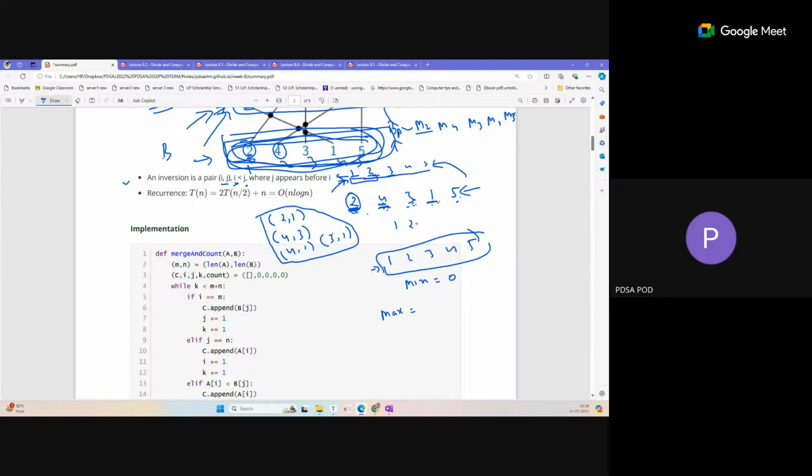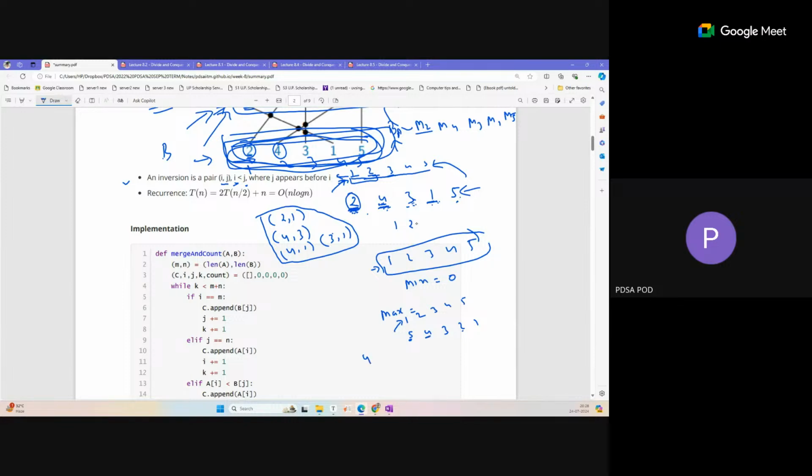What is the maximum? If this is given in the reverse order, so 5 4 3 2 1, and you compare it with the sorted order 1 2 3 4 5. Here for 5 you will get 4 inversion pairs.